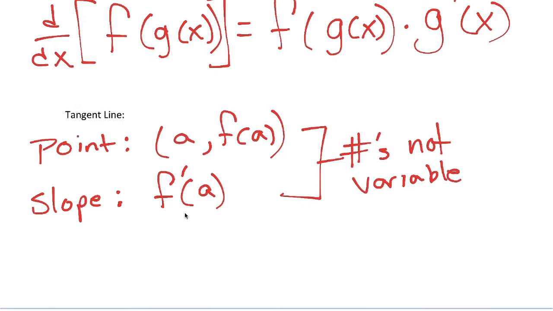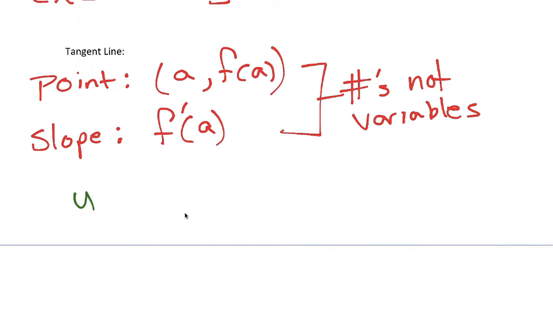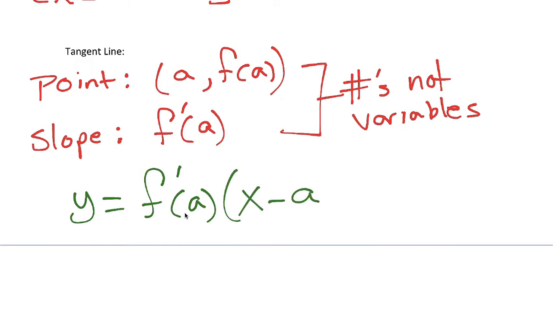So don't make the mistake of putting a variable into an equation where it's not supposed to be. The tangent line then is going to be y equals f prime of a times x minus a plus f of a.